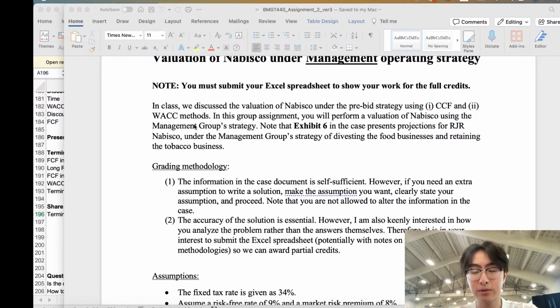And their whole strategy was to take, at that time, RJR Nabisco was split into a cigarettes business and also a food business. So what they wanted to do was take the cigarette business, that's their main profit driver, and then sell off the food business in order to finance or service the debts that the management group would actually take on in order to buy the company.